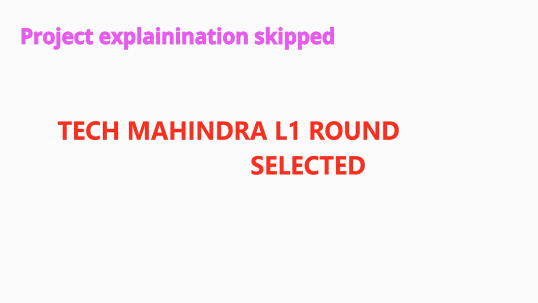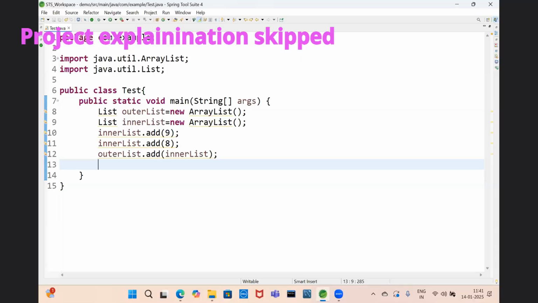Some records will be added. After that, the second list will be there. We have the outer list and inner list. So we need to retrieve the inner list's first element, 9, by using the outer list. So let's first print the outer list. What result is it giving?